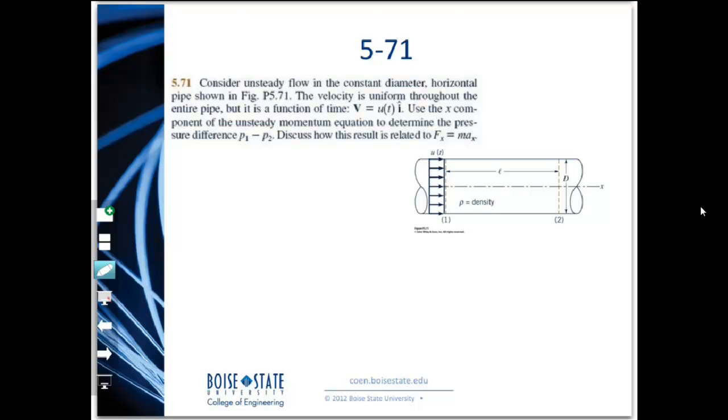It's not that difficult, but it's given in this form u of t. Use the x component of the unsteady momentum equation to determine the pressure difference P1 minus P2 and discuss how this is related to Newton's second law, force equals mass times acceleration in the x direction.